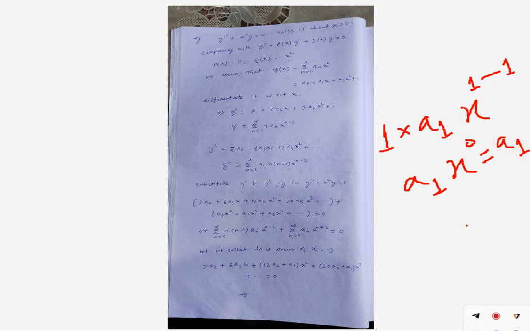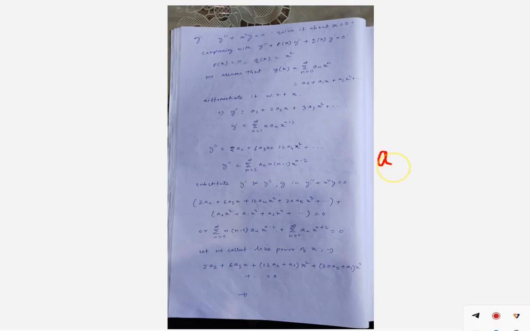Like this, we can calculate the other terms up to infinity, and then after differentiating y dash again, we will get the second term. In summation form, we can write it as the sum of n into n minus 1, a n, x to the power n minus 2. So here also, if we put n is equal to 2, then what do we get?